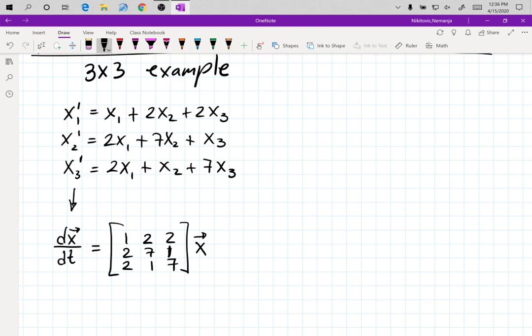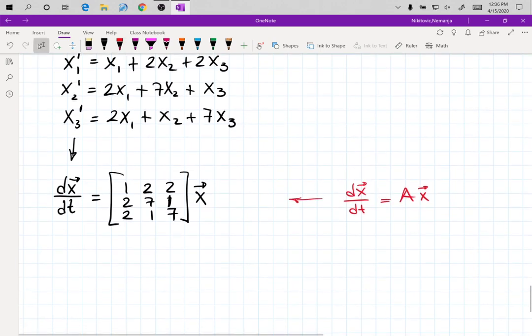So this is our system, right? That is the definition we had. Oops, I don't need a prime and D notation. That's that part, and we were able to make it look like this.